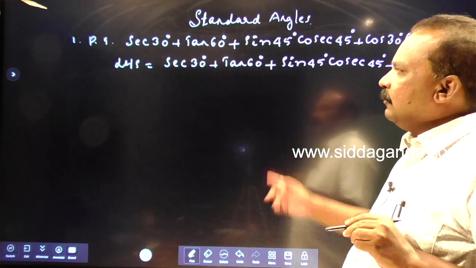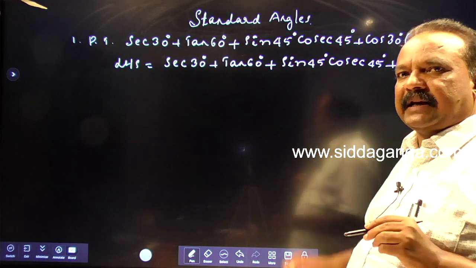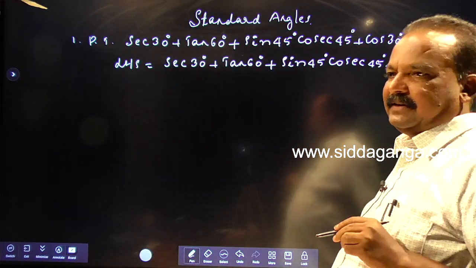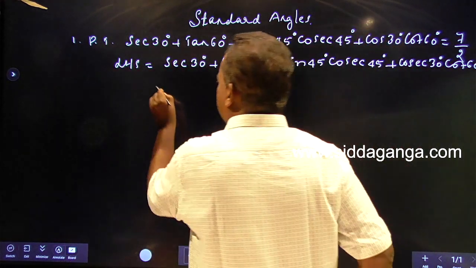Okay. What is secant 30? It is the reciprocal of cos 30. Cos 30 value is root 3 by 2.